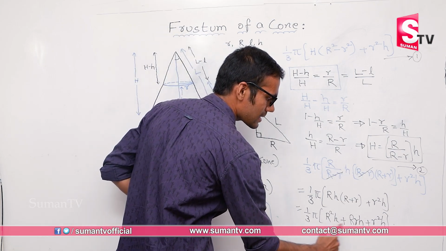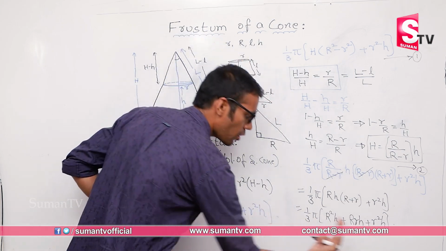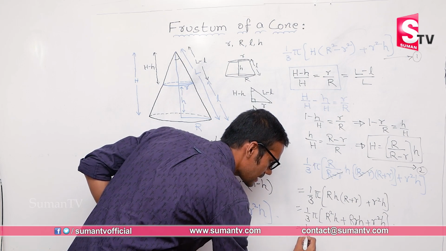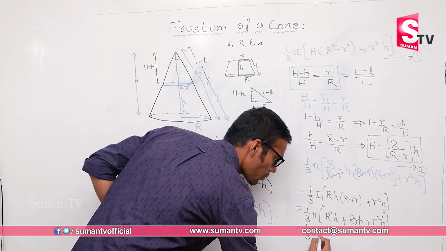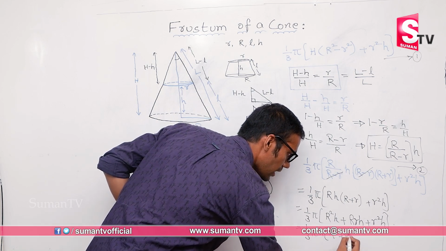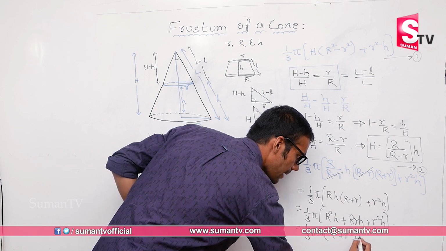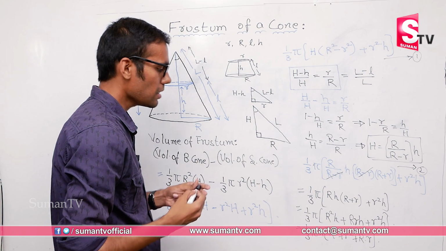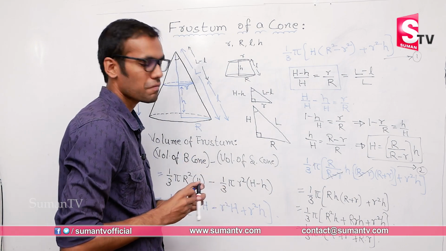Now can we take the small h common, or factor out small h throughout the brackets? So I will finally get 1 by 3 pi small h into capital R square plus small r square plus capital R into small r. This is the final formula for the volume of the frustum.